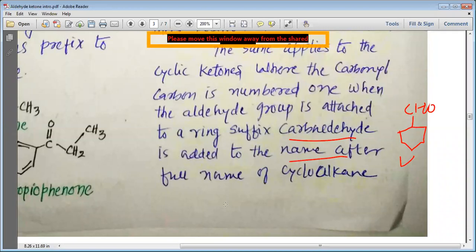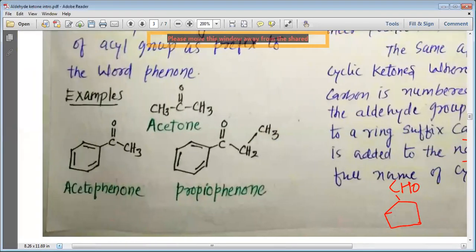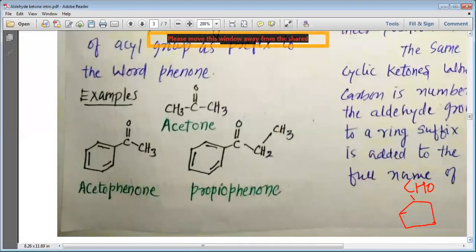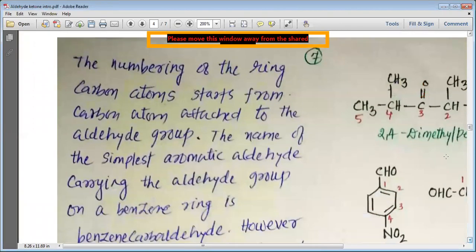So suppose you have this pentane ring and then you have CHO, you are going to use carbaldehyde after the name of the cycloalkane. So this is pentane, and you will call it pentane carbaldehyde. So this is how, my dear students, you can understand the method of IUPAC nomenclature. The same we will understand with examples.